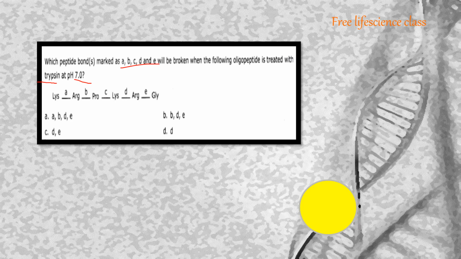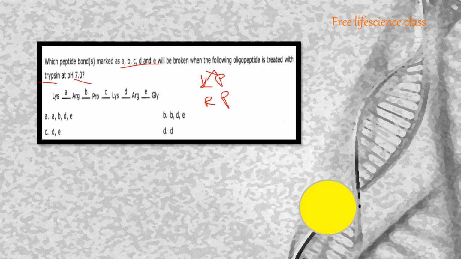Okay, so you know that when you treat with trypsin, it will cleave at the carboxyl side of lysine and arginine. One condition for trypsin is that if proline follows this lysine or arginine, then the cleavage will not take place.